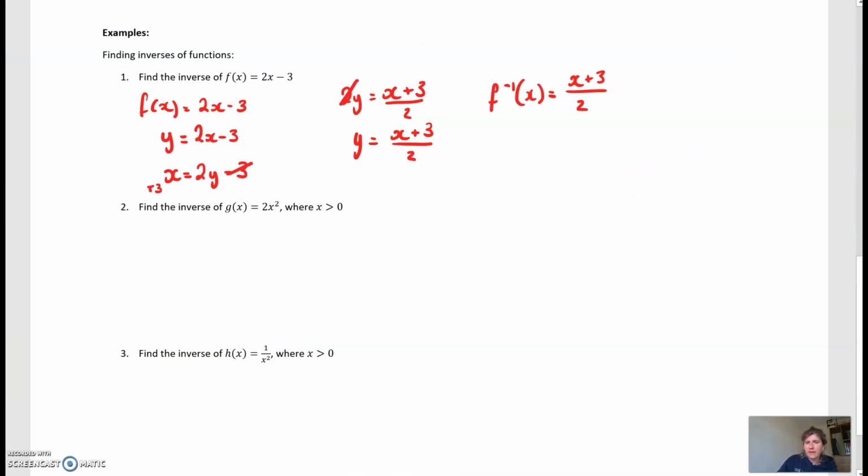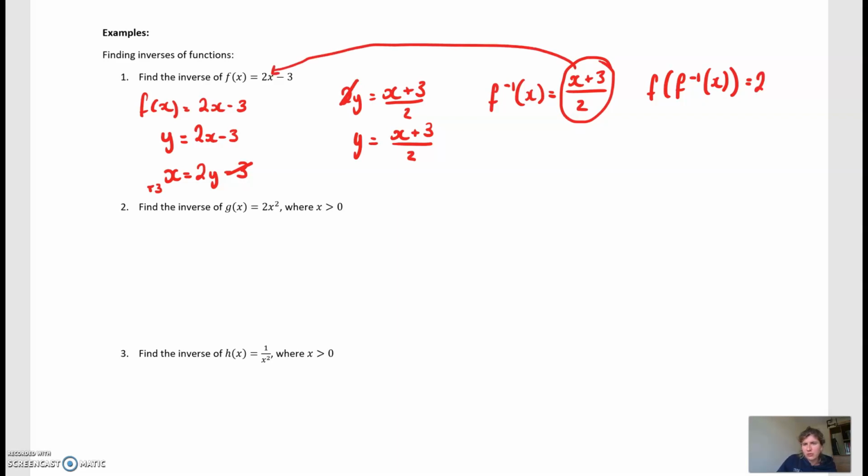So if we look at f inverse of x, we're taking the composite function, we're putting f inverse of x into f of x. Now I hope I've left myself with enough room here. Okay, so we're putting (x plus 3) on 2 in for x in f of x.